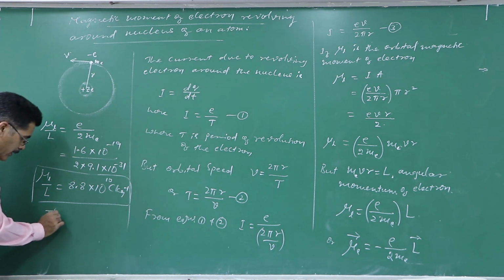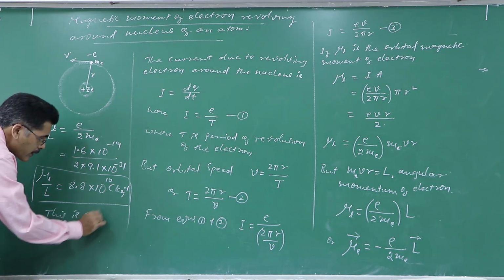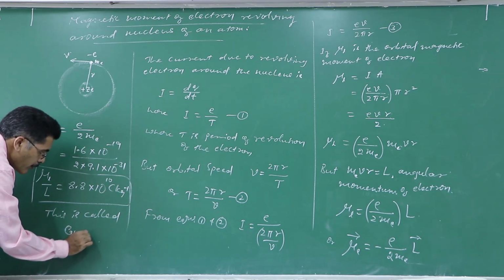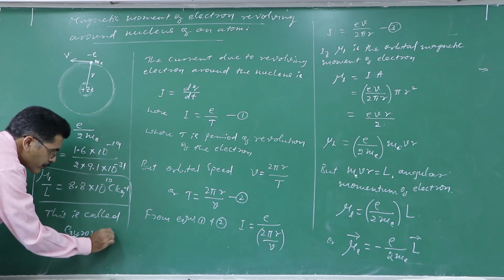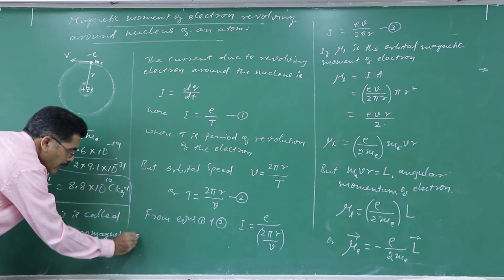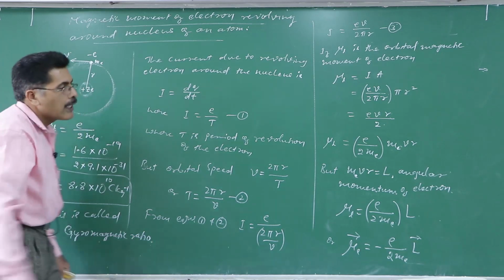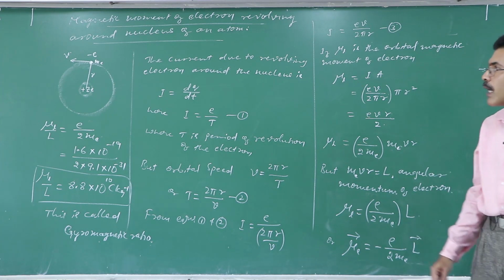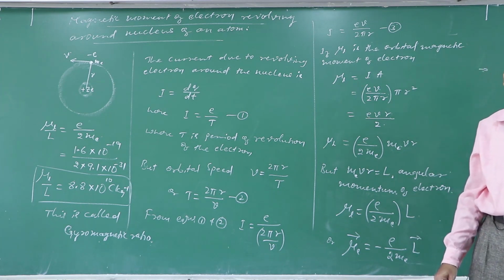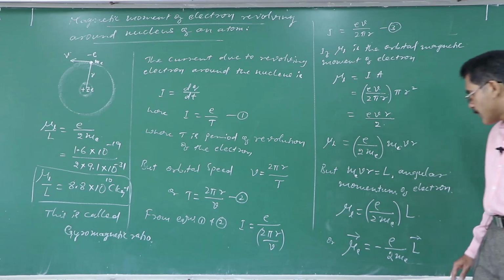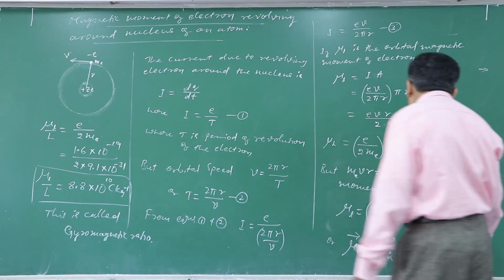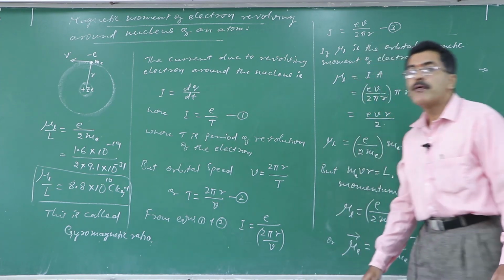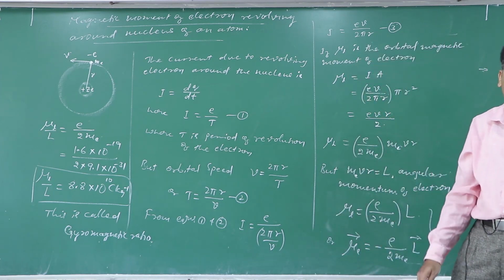This is called gyromagnetic ratio, and it is a constant. It is a constant for electron. Gyromagnetic ratio is constant for electron. Have you got it? See, this gives you equation 3 and 4. Sorry, equation 4 gives the expression for magnetic moment of the revolving electron.